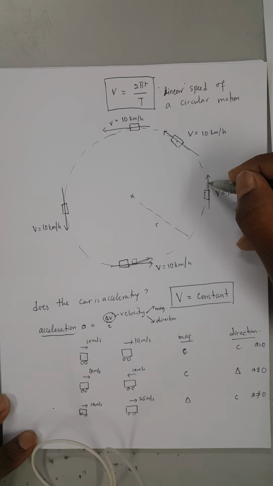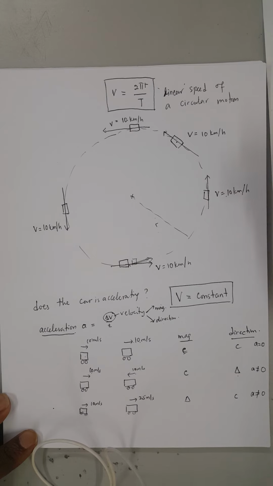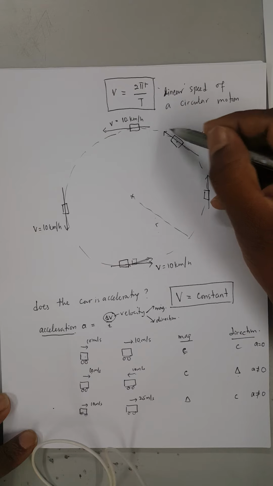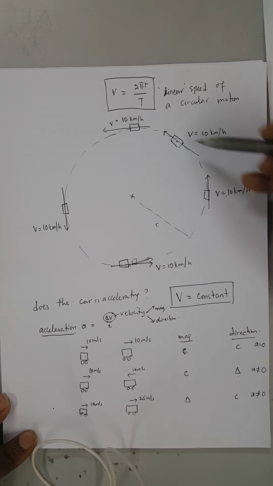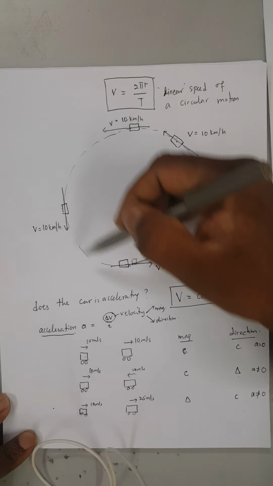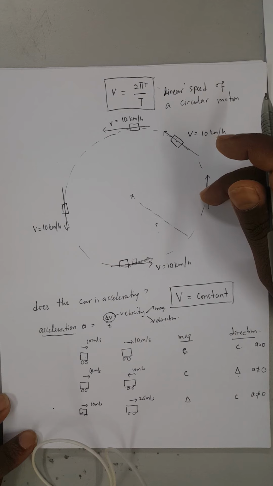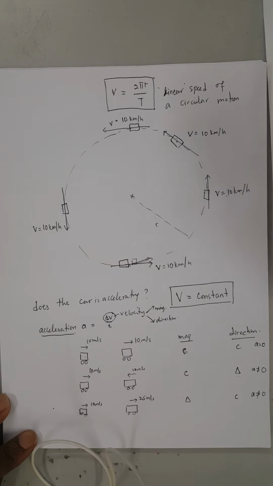Every point is counted as a change in direction. When there is a change in direction, the object is actually moving at a changing velocity. When there is a change in velocity, it will cause the object to accelerate. So that is what we learned from this video.